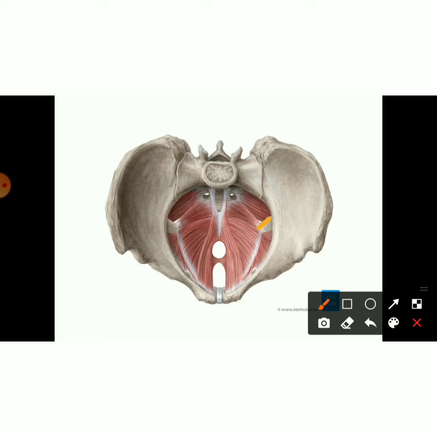Okay, and the base is the base. So it is triangular in shape. The apex is at the ischial spine, and the insertion is to the upper two pieces of the coccyx and the last piece of sacrum.